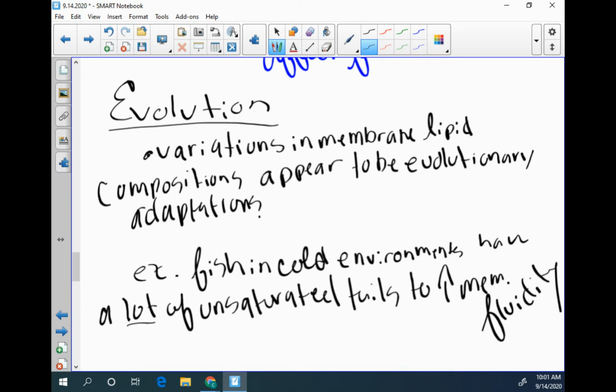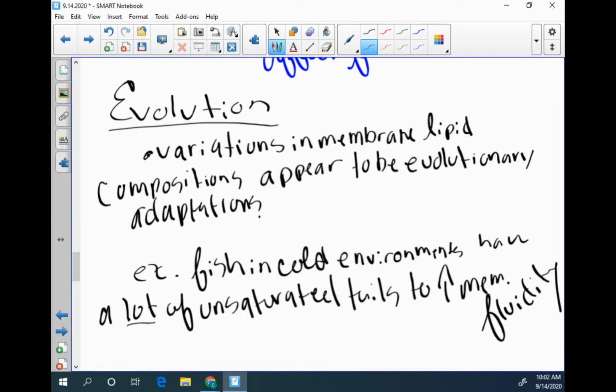Our unsaturated fats have a lot of double bonds, like we talked about when we discussed biological macromolecules. The difference between saturated and unsaturated fats is how many double bonds exist in that fat. Unsaturated fats have a lot of those double bonds and a lot less hydrogen, which means they can't pack as tightly together.